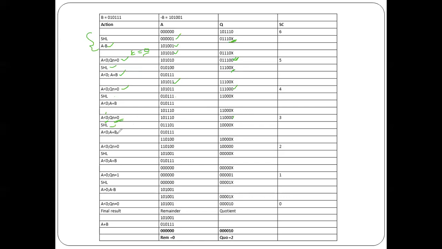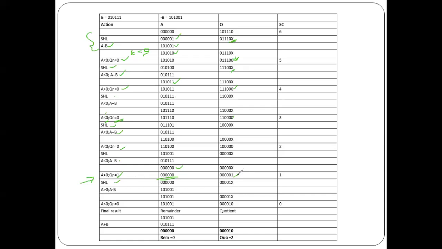My previous value of Qn is 0, so A plus B. Likewise, till here, as and when our result we got as 0, we are shifting left because the previous value of Qn is 1. This is the correct one. See, after adding, we got our E as 1. So your Qn is 1 here, and then shift left.